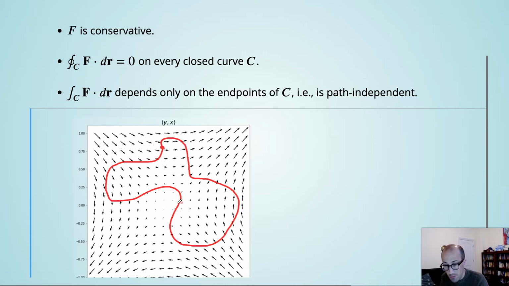Parameterizing this would be a nightmare, but I don't need to if I know the field is conservative. Whatever line integral I get through this vector field, the potential at the end is equal to the potential at the beginning because it's the same point. And so there's no change in potential. This integral must be 0.